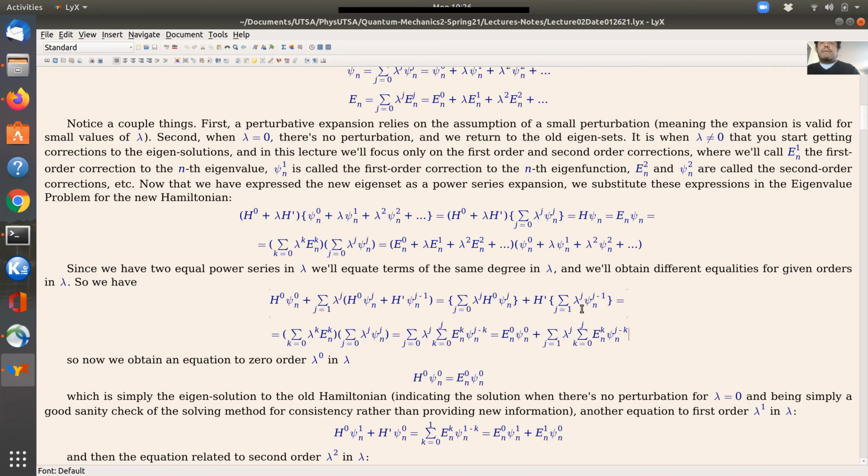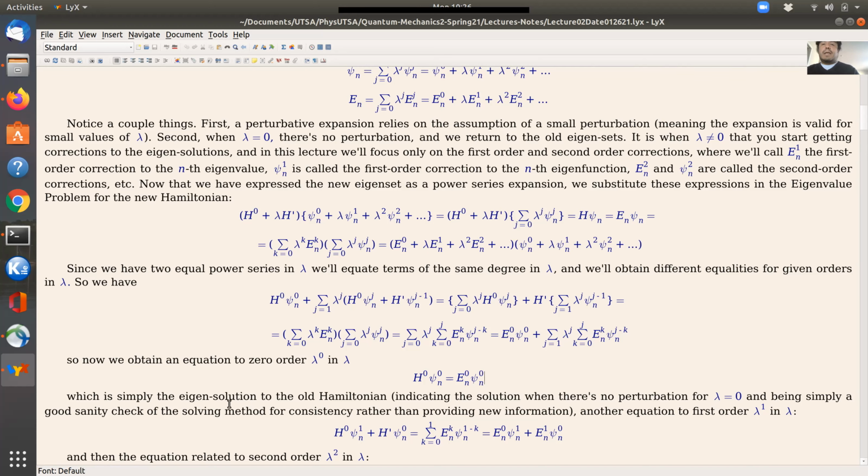So what is clear from here is that in the lowest order, what you have is H naught phi 0 n equal to E 0 n times psi 0 n. This makes sense because this is the equation that you know. This is the Hamiltonian for the old problem with its old energy values and its old wave functions. So this is a sanity check which should hold for consistency.